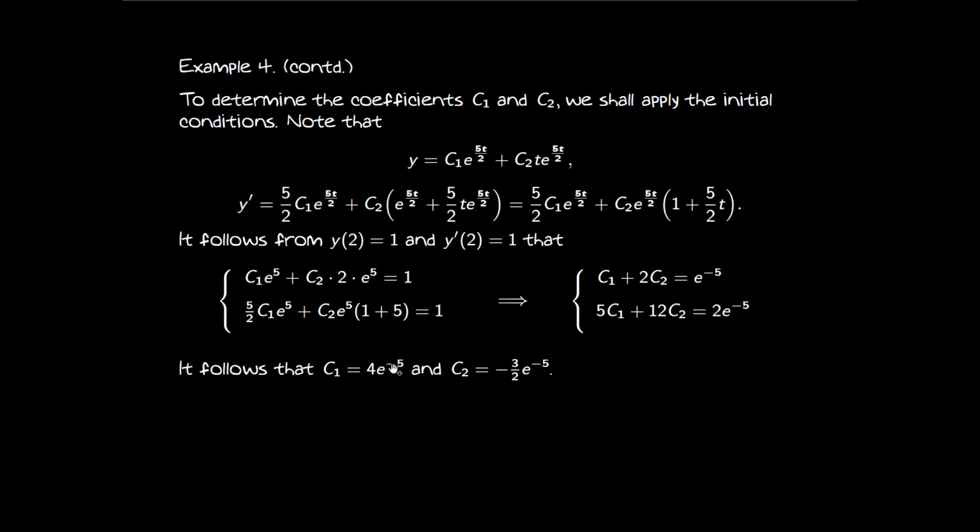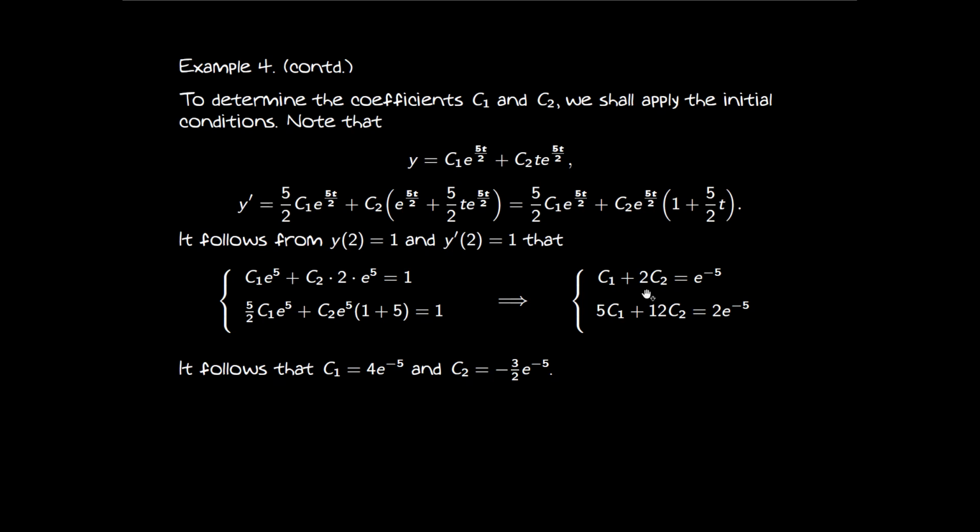Now, if you plug this into any of these two equations, for example, the first one, you're going to get 4 times e to the negative fifths plus twice C2 is equal to e to the negative fifths, right? So we just move the 4 times e to the negative fifths to the other side.